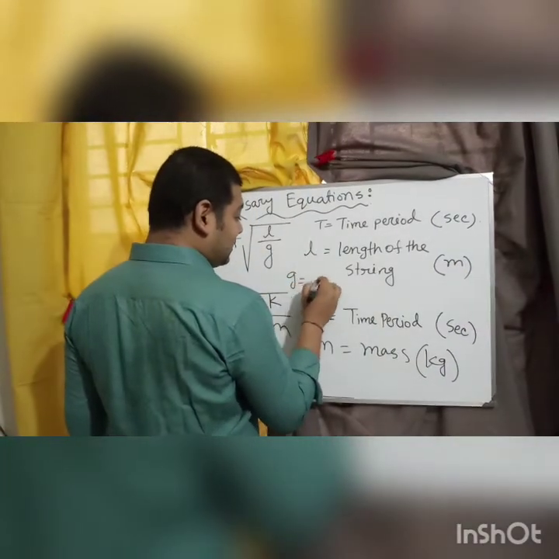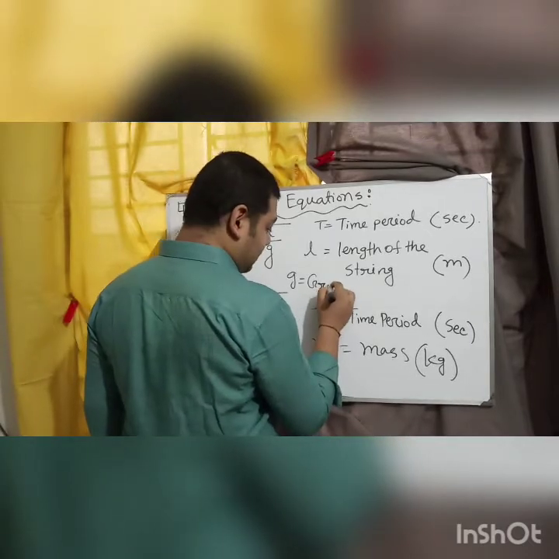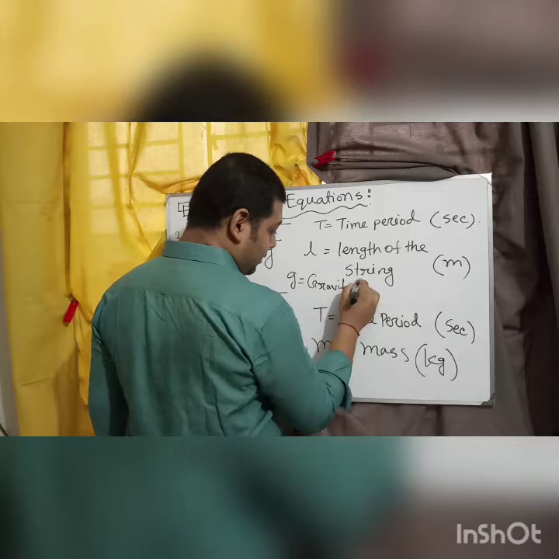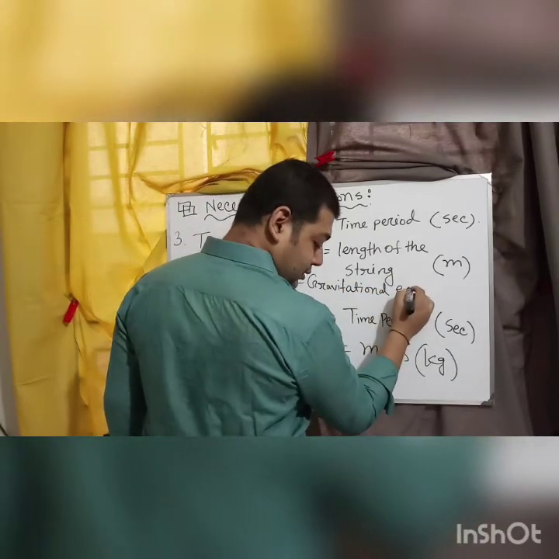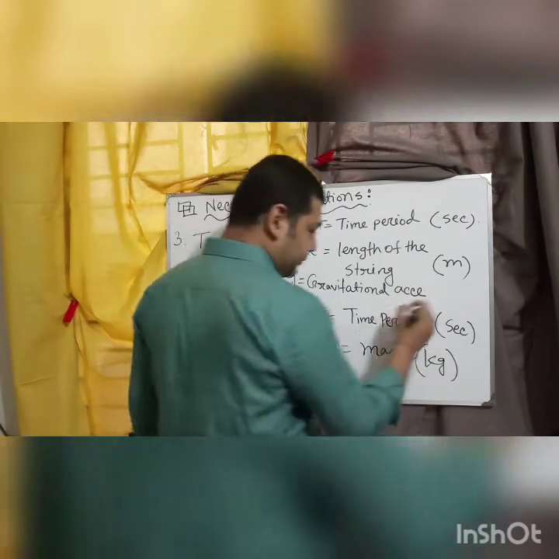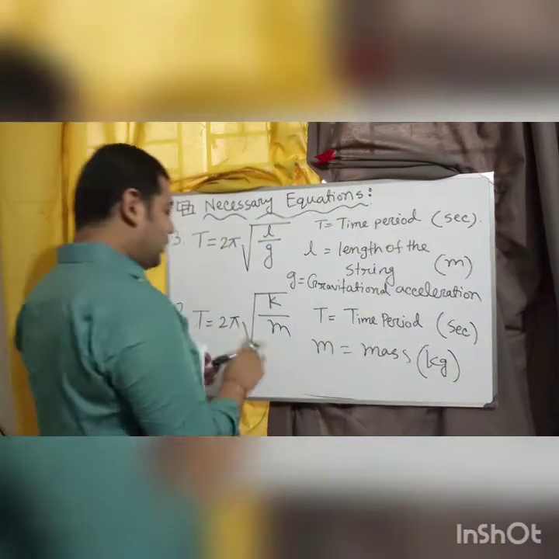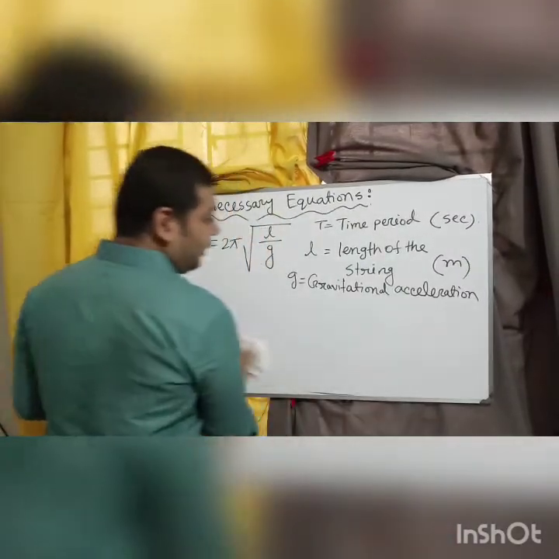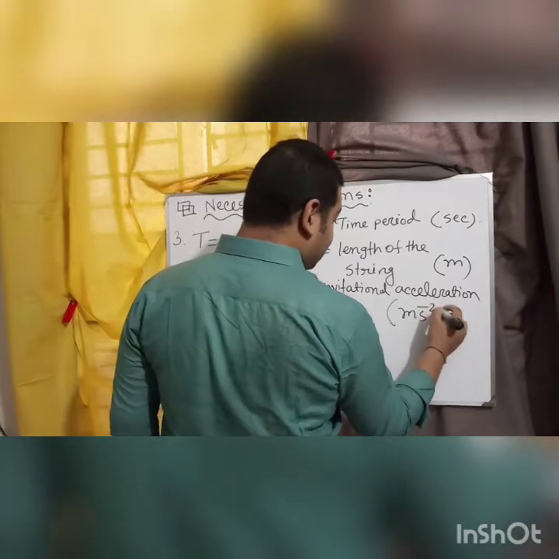And g is the gravitational acceleration, and the unit of gravitational acceleration is meter per second square.